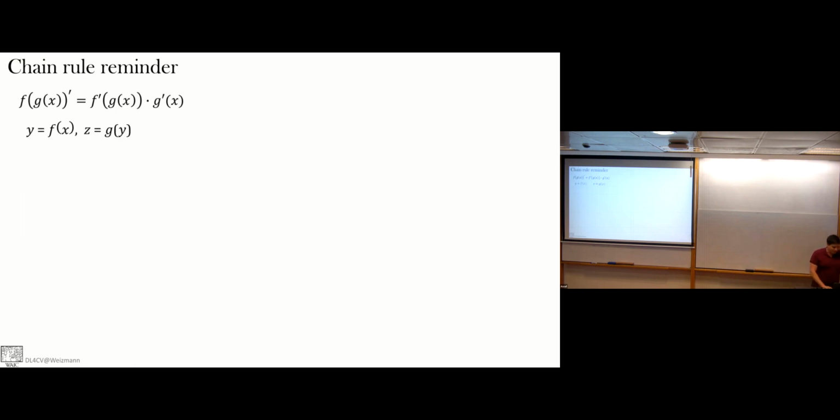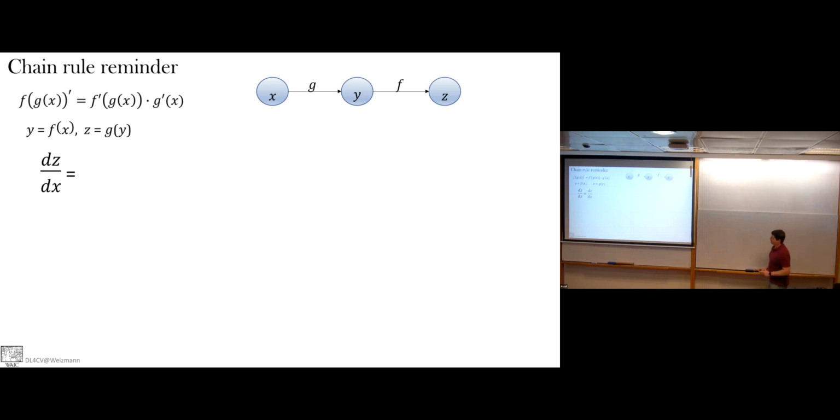Say I have y equals g of x and z equals f of y. I can look at this graph and say, okay, fine, g is applied to x, giving me y, then f is applied and I get z. In the Leibniz way of writing things, when I take the derivative of z with respect to x, it's going to be this thing.